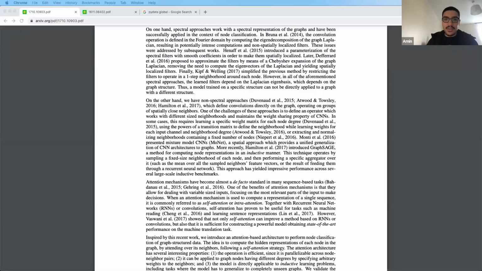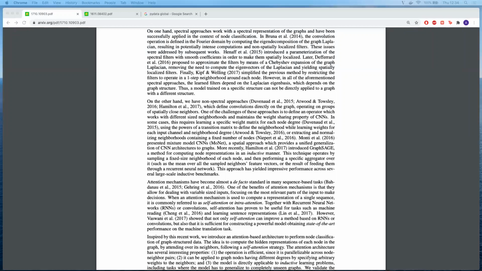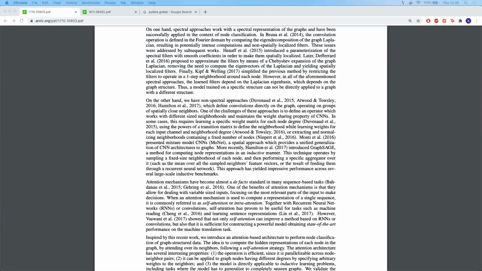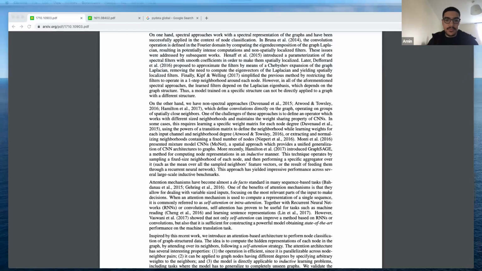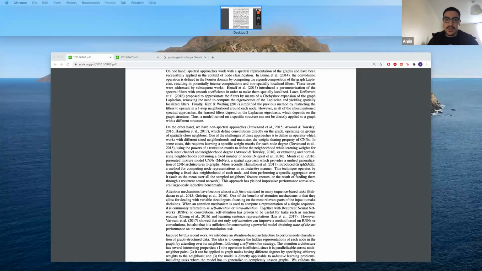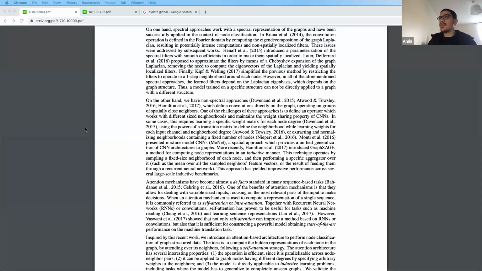I'm having some issues with sharing my screen because of permissions. It's working now. Okay, great. All right. Sorry about that. Okay, can everyone see that fine?